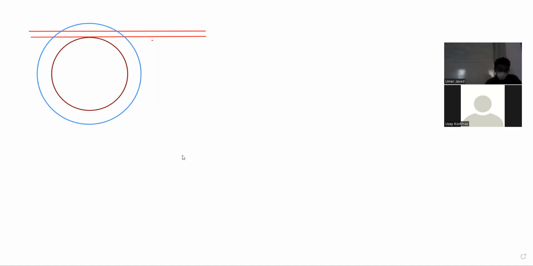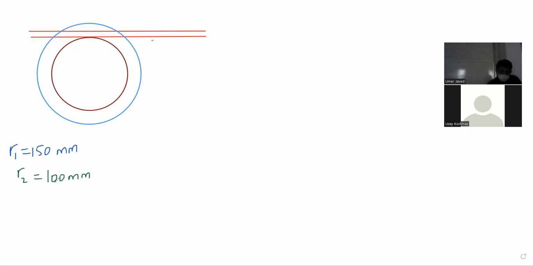So R1 is equal to 150. For some reason, R1 is not appearing on the whiteboard. R2 is 100.